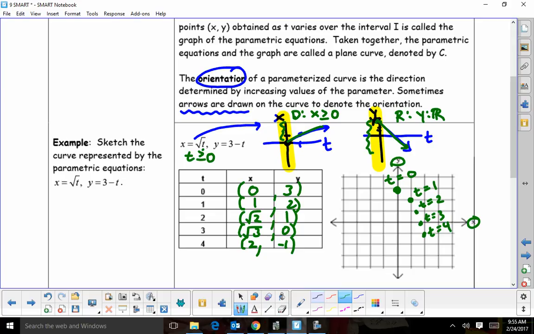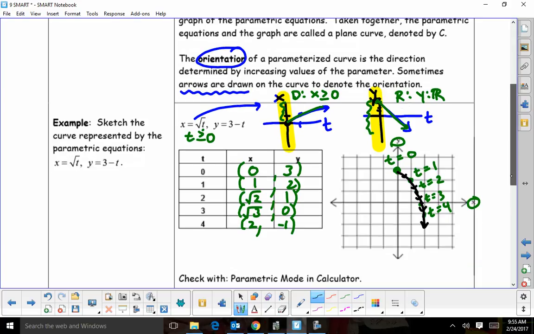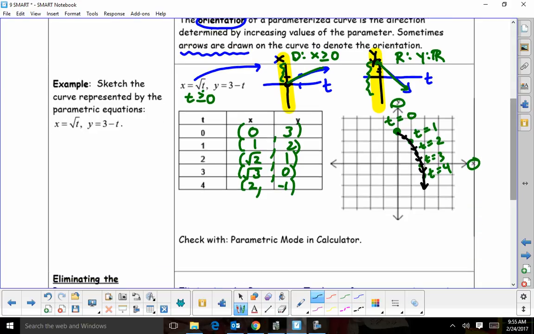Okay, so I can see how the particle is moving. It started here, and it moved that way, that way, that way, that way, and it's actually continuing on. Agreed? So I'm going to show my arrows of direction.